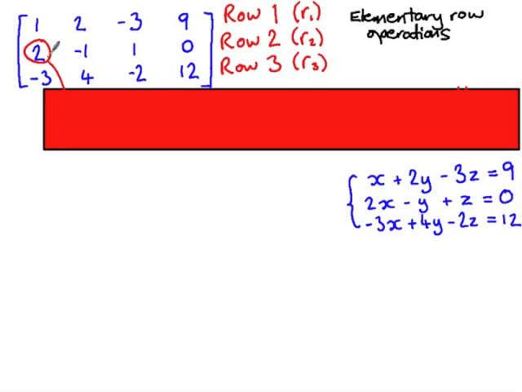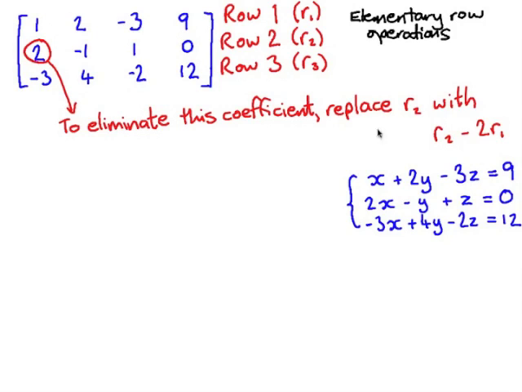So to start with, if I want to eliminate this 2 here, I'm going to replace row 2 with row 2 take 2 lots of row 1. In the first column, row 2 is 2 and row 1 is 1. So if I do 2 take 2 lots of 1, that's now 0. I'm going to do that with every number in the row.